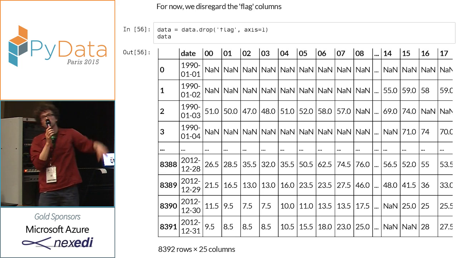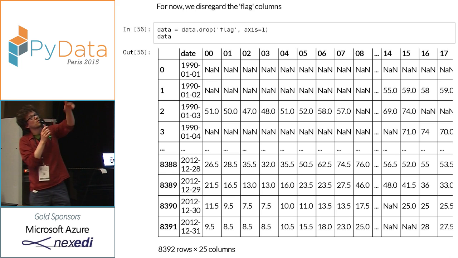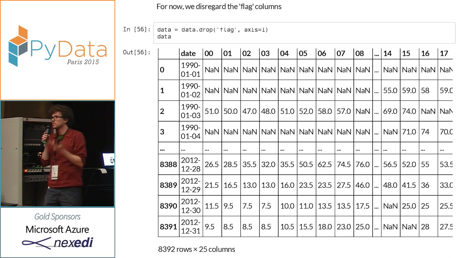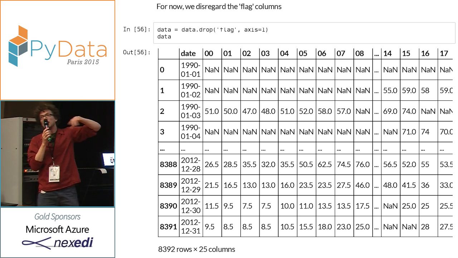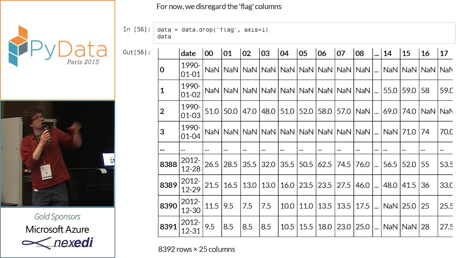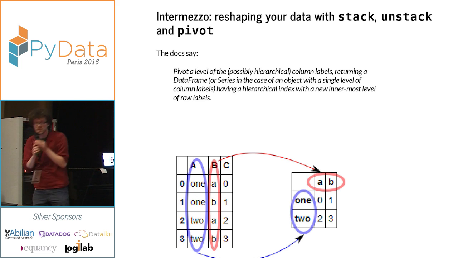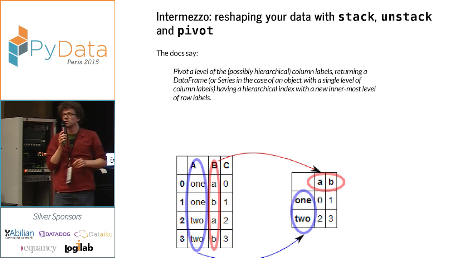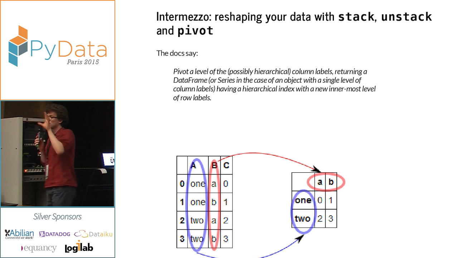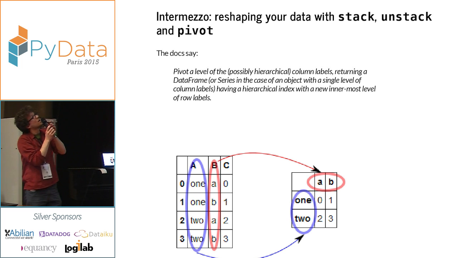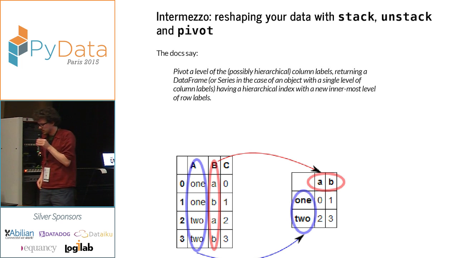So I have a date column, and then I have 24 columns with the different hours of the day. To do some time series analysis on this, it's not really a handy format, and I will have to reshape it to a time series. So for that, a short intermezzo about reshaping your data with stack, unstack, and pivot.